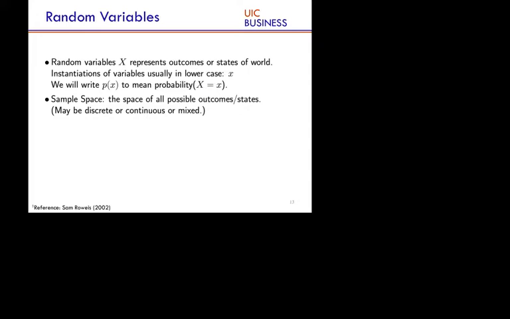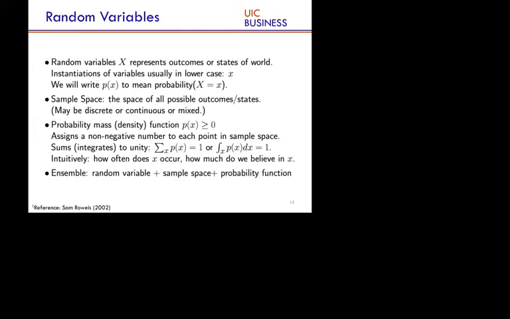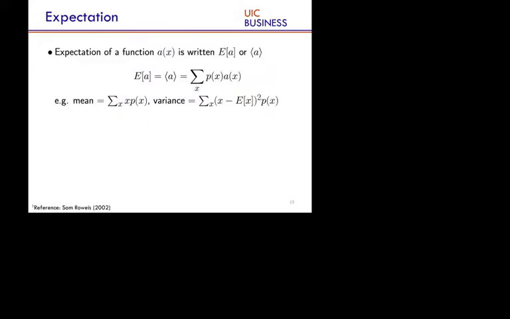It's the outcome space. And the probability mass function we have also discussed. It assigns a non-negative number such that it sums to 1. For discrete outcomes, it's a summation. For continuous outcomes, it's an integral. So given random variables, we assign probability, which is a function that maps a random variable's realization or an event to a number, and the outcome space.